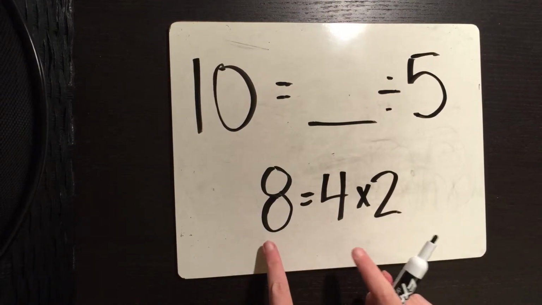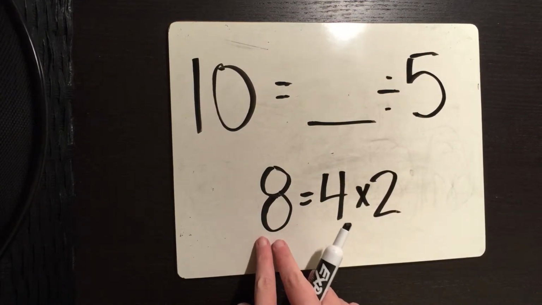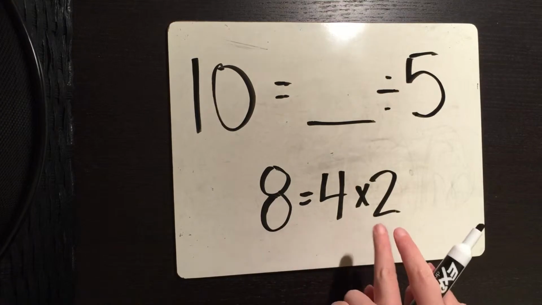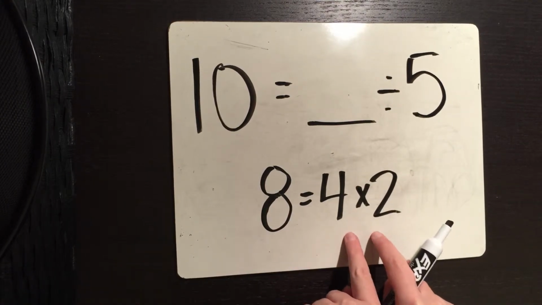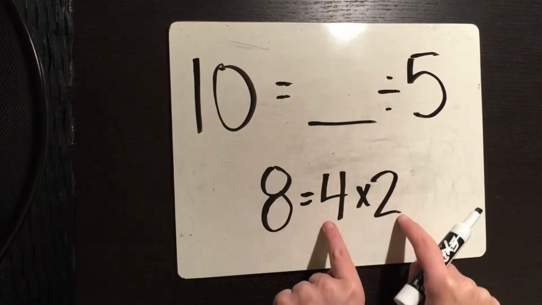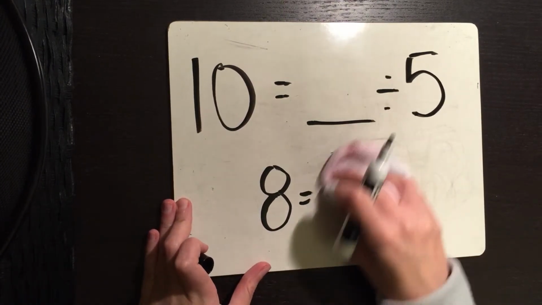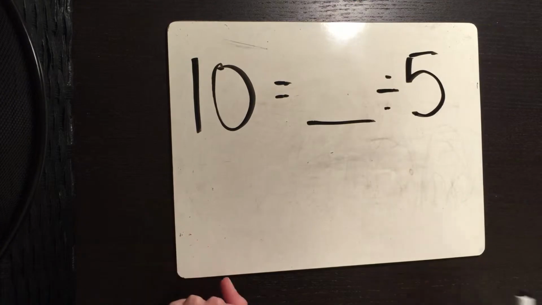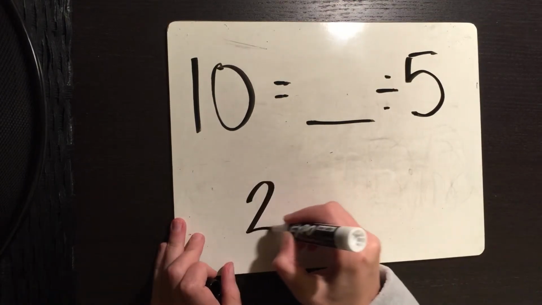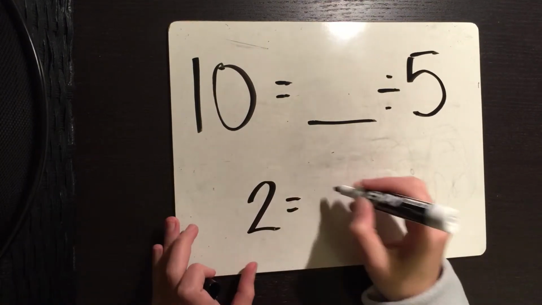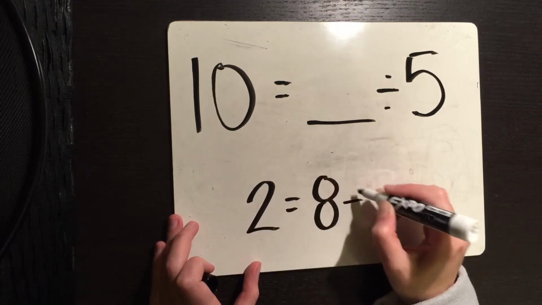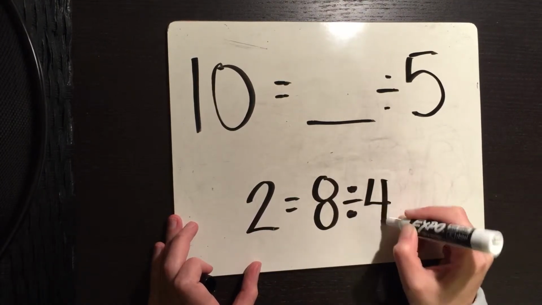It really doesn't matter if the total's on this side of the equal sign or if the total's on this side of the equal sign, as long as you have the factors on one side and the total on the other. Let's do it a different way. What if I decided to say 2 equals 8 divided by 4?